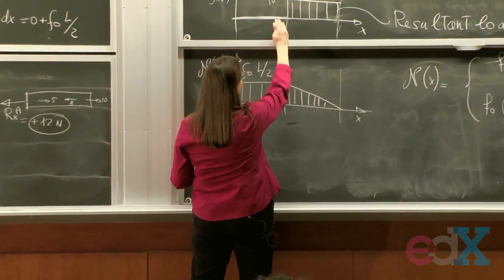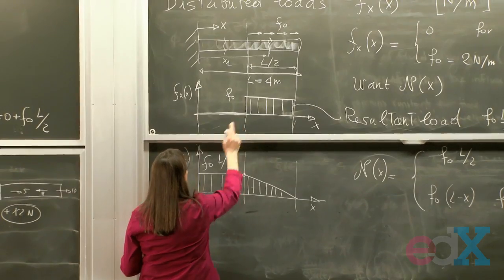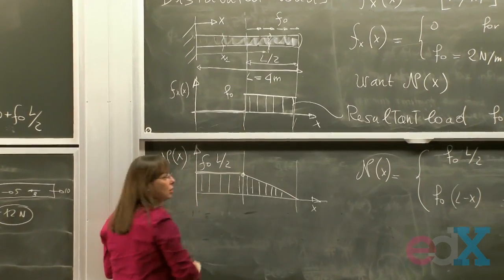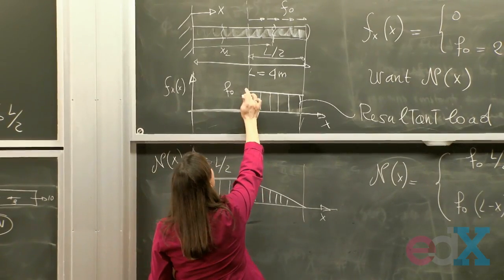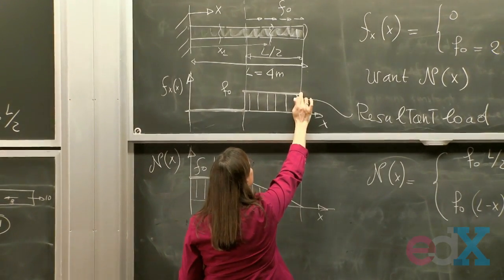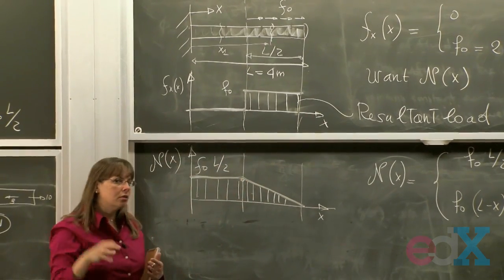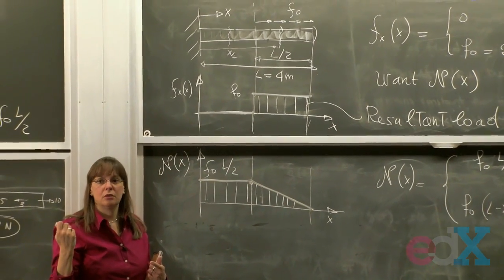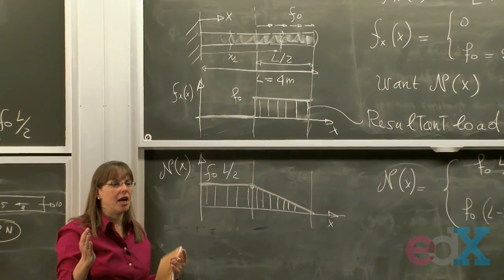Look at this diagram and look at this diagram. Where f of x is nothing, n of x is constant. See that? Now, f of x is constant, n of x is linear. Any bells? Some integrals, derivatives, right?